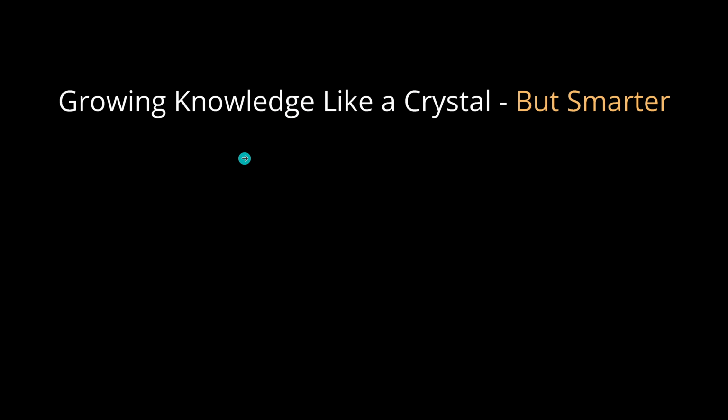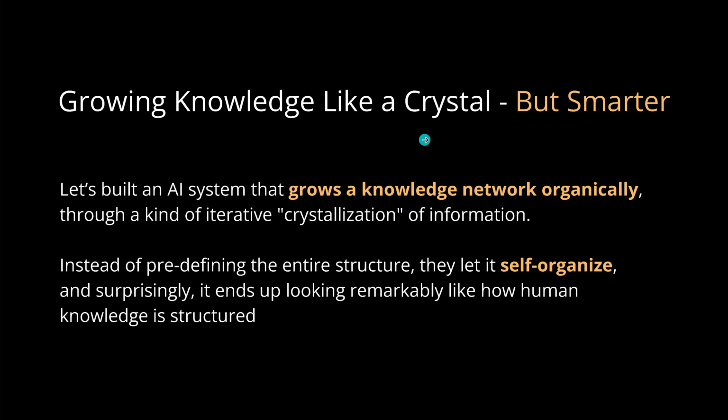So we want to grow our knowledge like a crystal, but smarter. So let's build the AI system that grows your knowledge network organically, a kind of iterative crystallization of the information. This is the game that we want to play today.